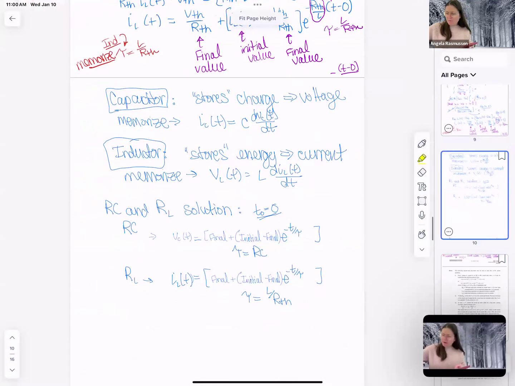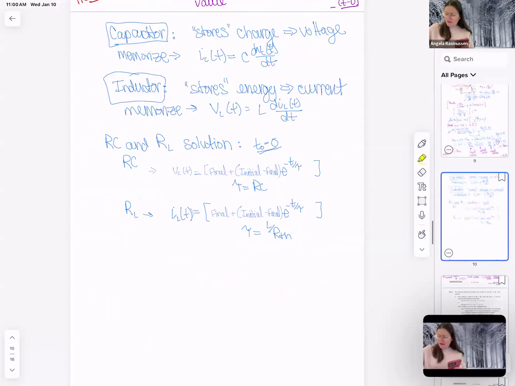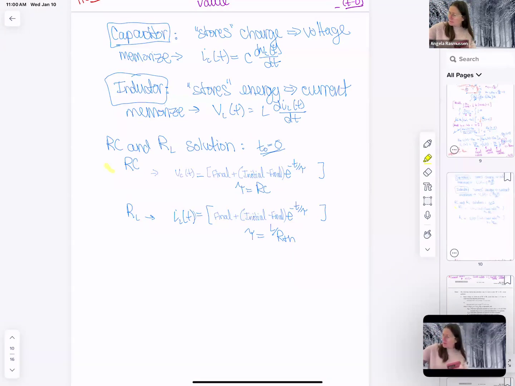Okay, so this is kind of that summary: capacitor, inductor. And then in the RC and RL, the one I did in class, I did 0 to T in that derivation. But a lot of times you can even say T0 to T, and T0 means an initial time. So 0 in our case was an initial time. The form of the equations is always going to be the same here.